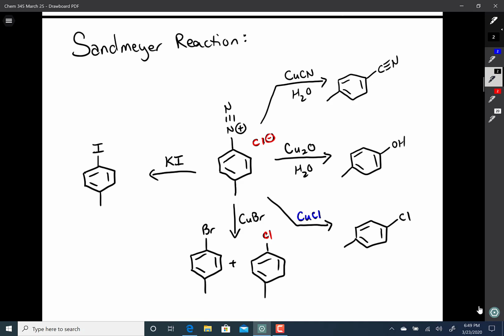And since you need a copper source with chloride and bromide, you don't have to worry about competing of these anions with iodide, because iodide just will outcompete them, because chloride and bromide both need a copper source.